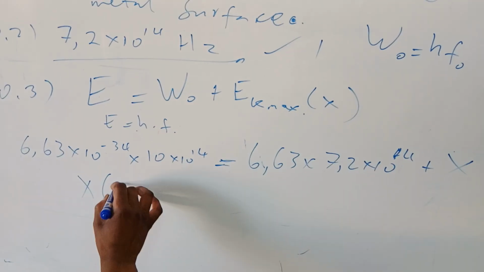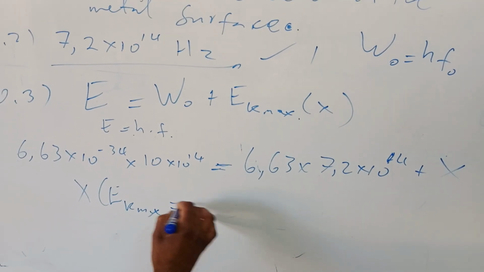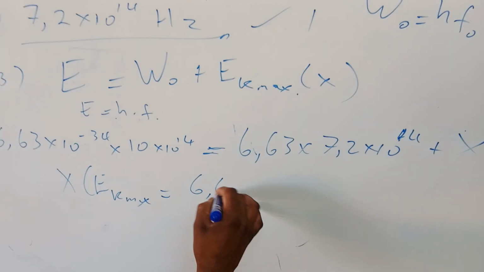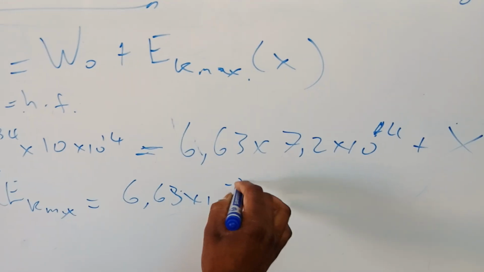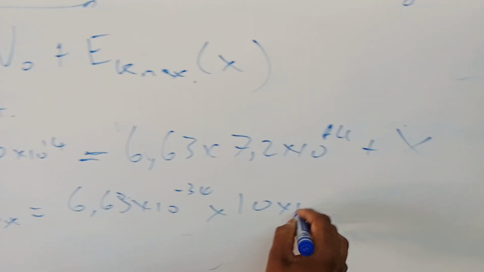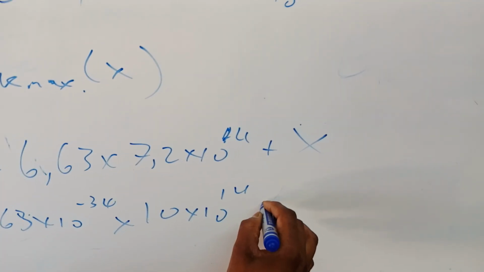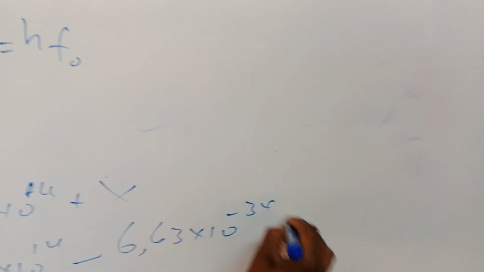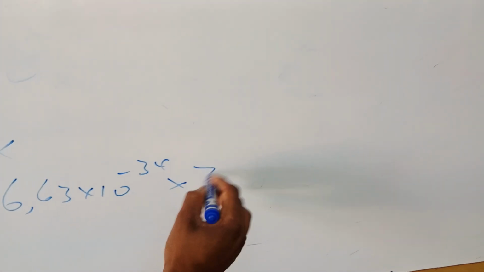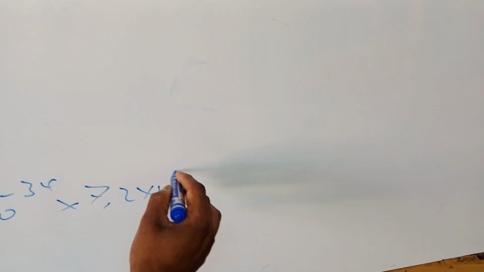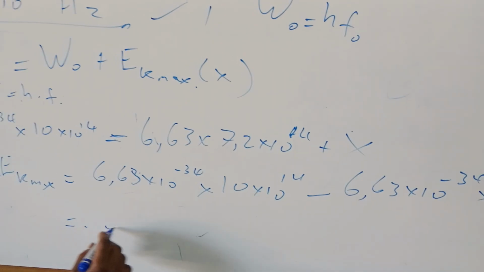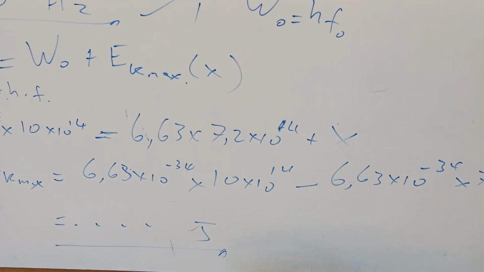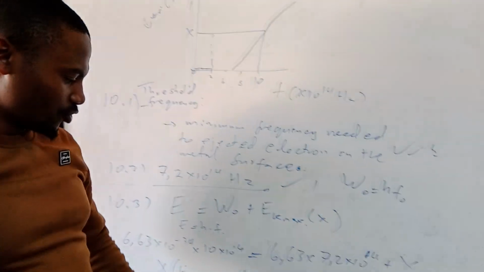X, which is the maximum kinetic energy, is equal to 6.63 times 10 to the power minus 34 times 10 times 10 to the power 14, minus 6.63 times 10 to the power minus 34 times 7.2 times 10 to the power 14. And then you find that value yourself. All of you, I'll give you a job to find that value.